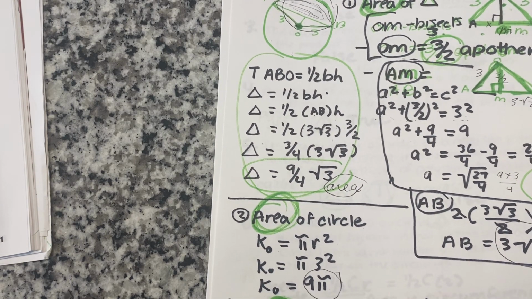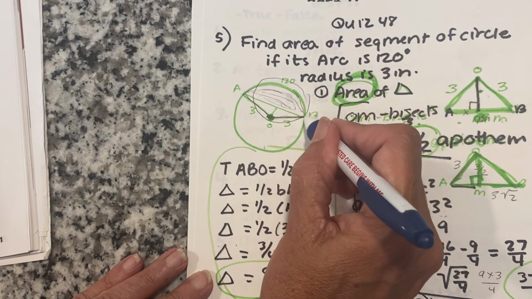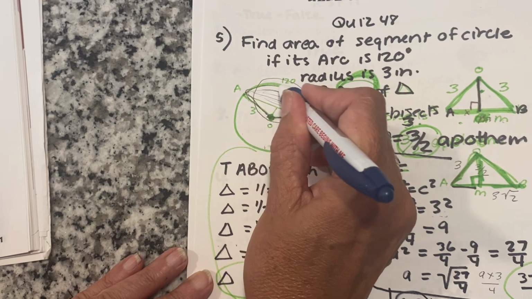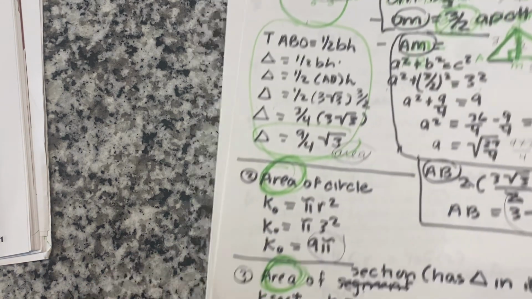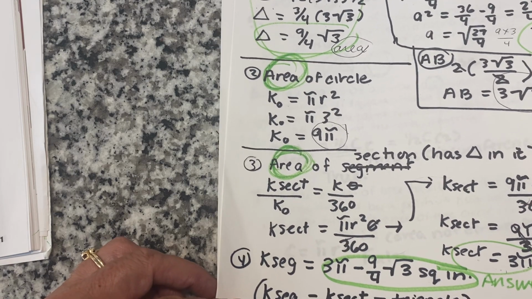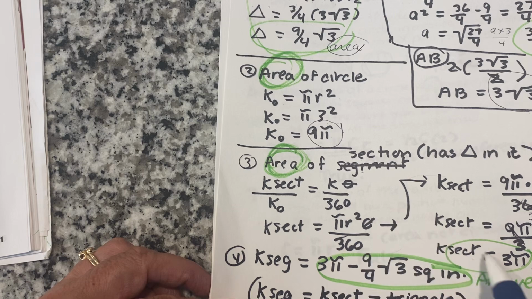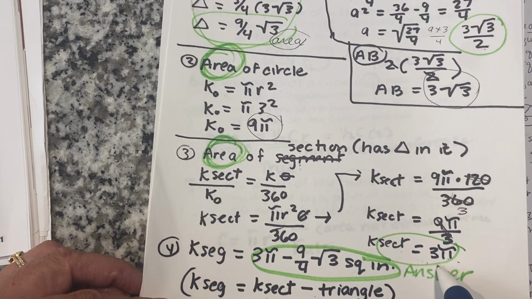But then we had to find the area of just this segment of this arc. In doing that, we used the section. I call it a section instead of segment. We used this formula here, and we got 3 pi.